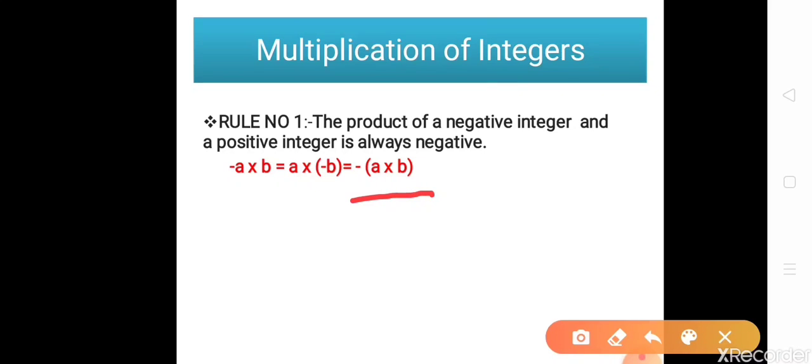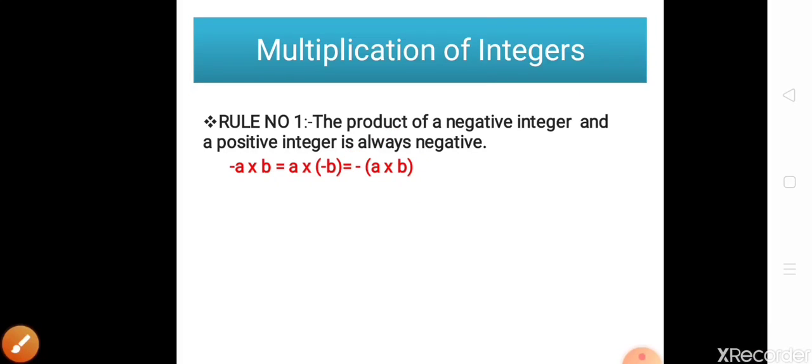Now, if we want to modify this rule in terms of a statement, how can we say that multiplying a positive integer and a negative integer always resembles multiplying two whole numbers, but the only difference is the product has to be negative, right? So I hope this part is clear to you.